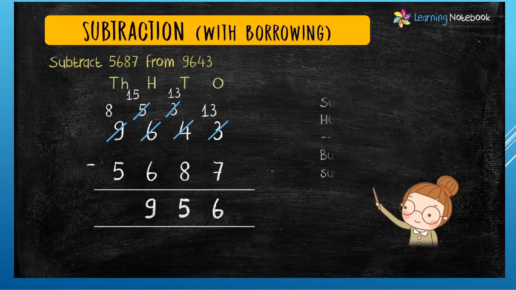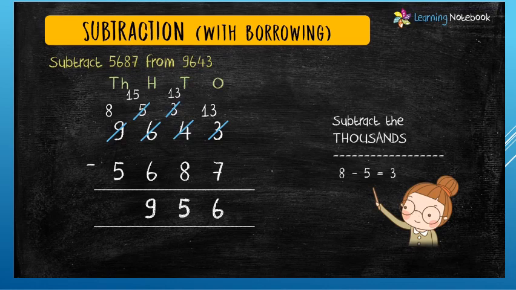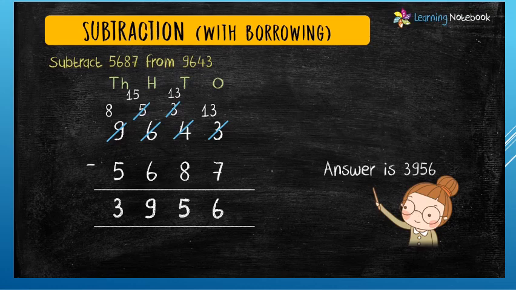And in the end, let's subtract the digits at thousands place. 8 minus 5 equals 3. So our answer is 3956. So students, I am sure you have understood how to do subtraction of 4-digit numbers with borrowing.